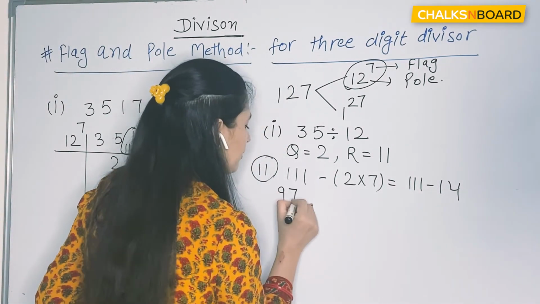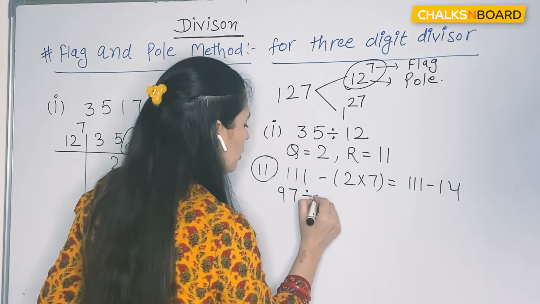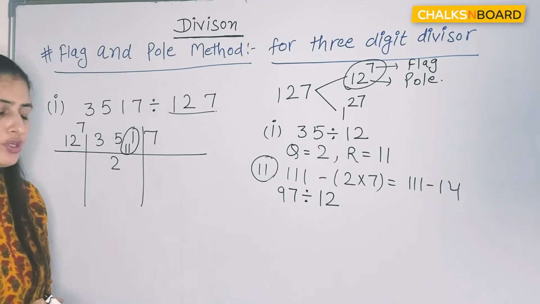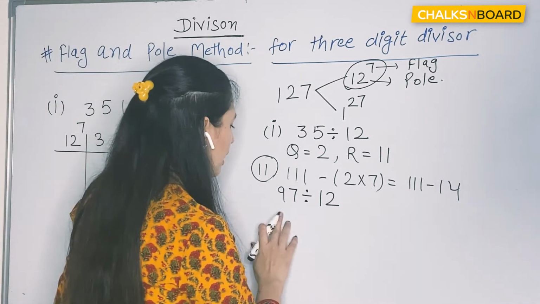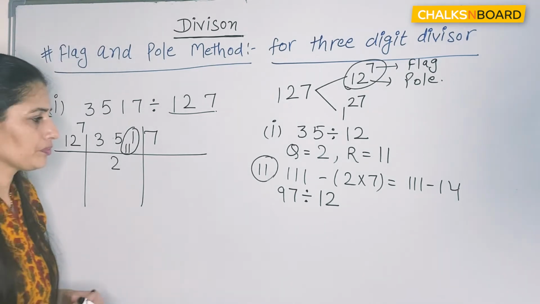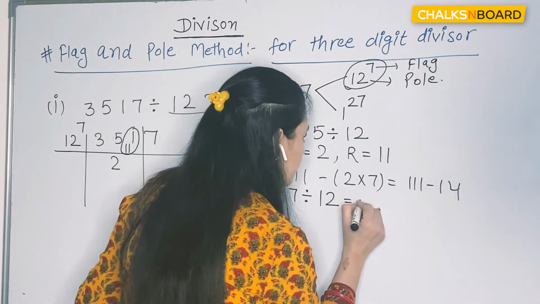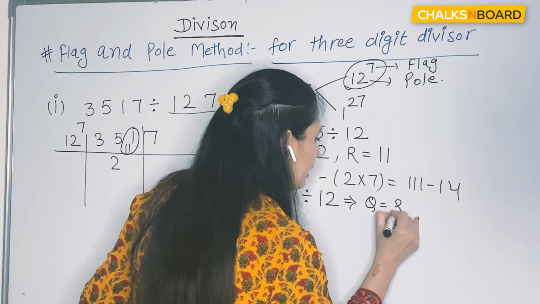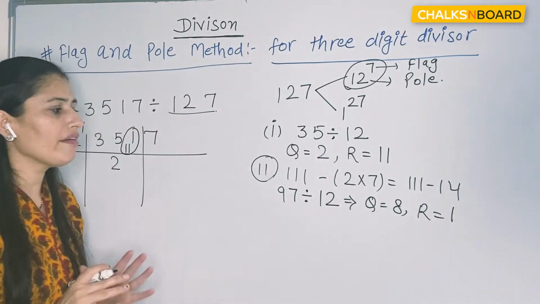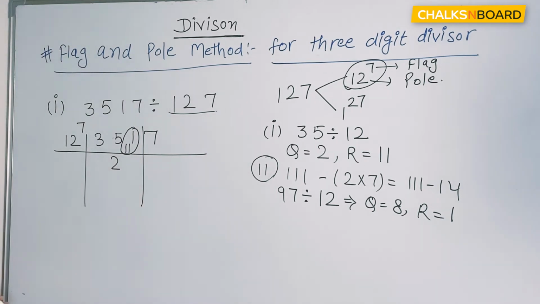So 97 divided by whole, which is 12. Now what is our quotient? When we divide 97 by 12, quotient is our 8 and remainder is 1. That is 12 8s are 96.